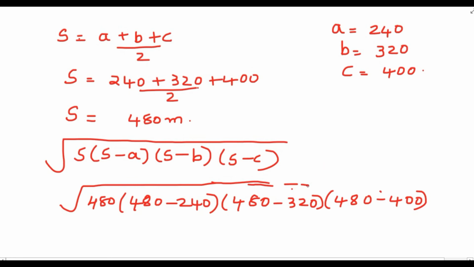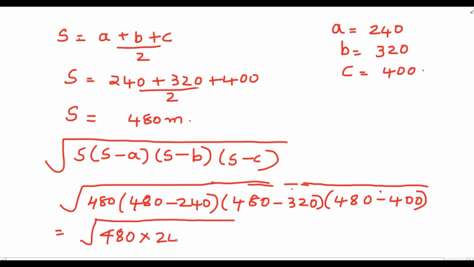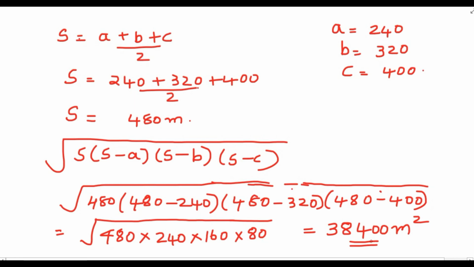So when you simplify this, we have square root of 480 into 240 into 160 into 80, which is equal to 38,400 meter square. But we need separately the area cultivated by onion as well as potatoes.